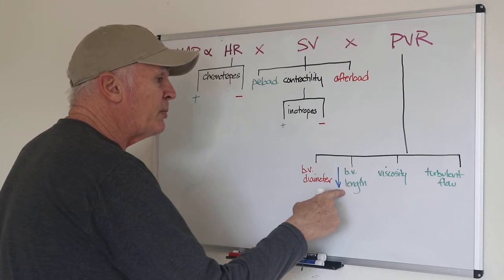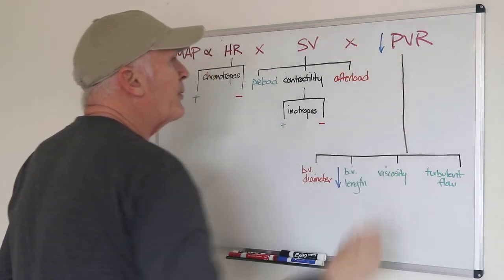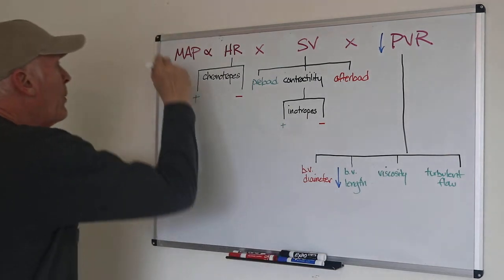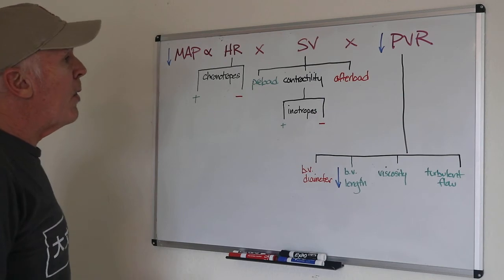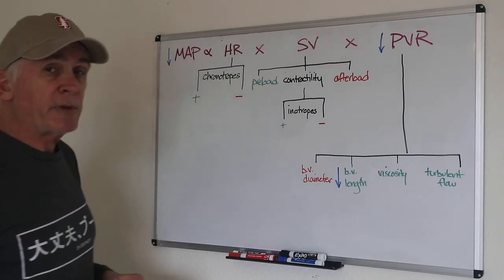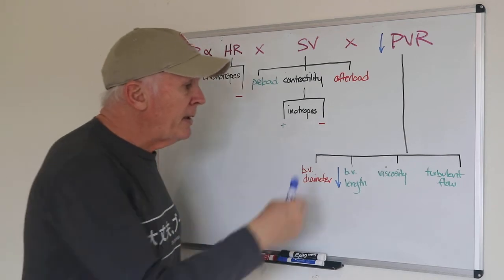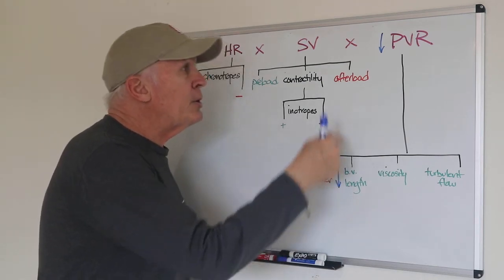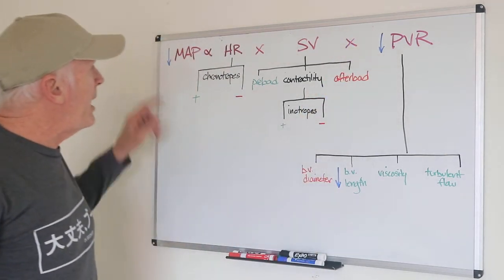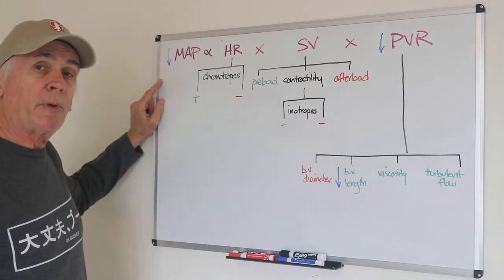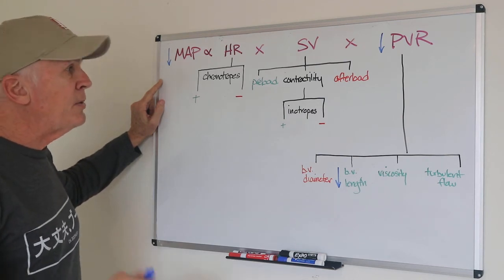If you decrease blood vessel length, you will decrease peripheral vascular resistance, and that will decrease mean arterial pressure. Do you see why, if you have high blood pressure, the doctor tells you to lose weight? If you lose weight, you automatically decrease blood vessel length, you automatically lower peripheral vascular resistance, you automatically lower your blood pressure, okay? So again, this is what I'm expecting you to do.